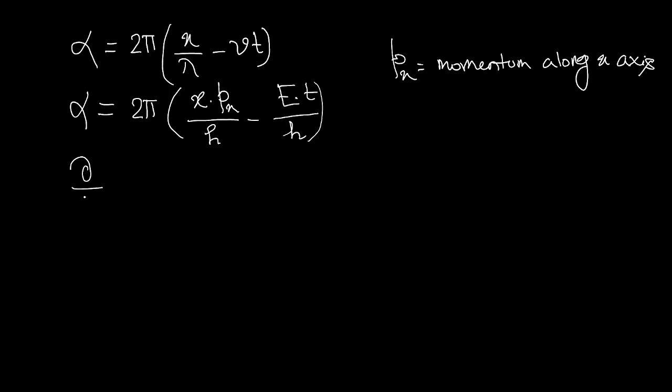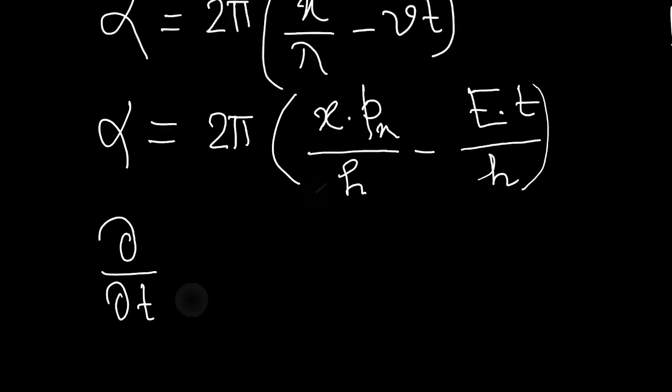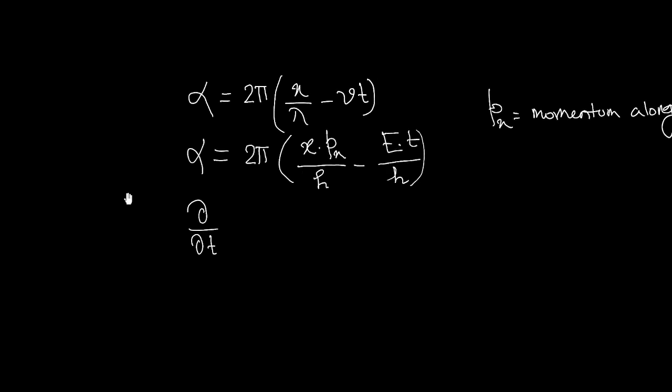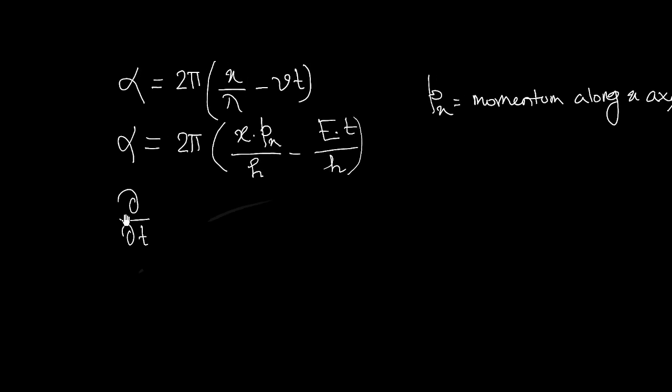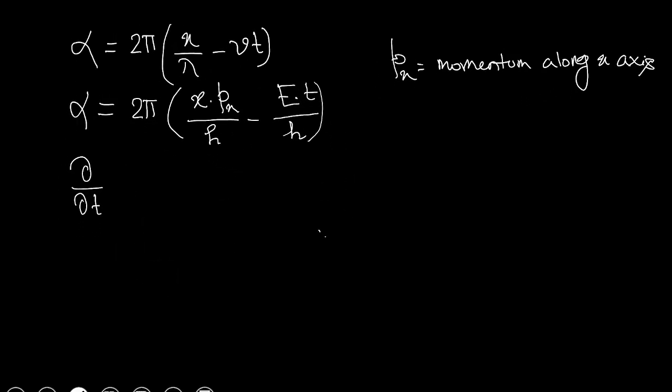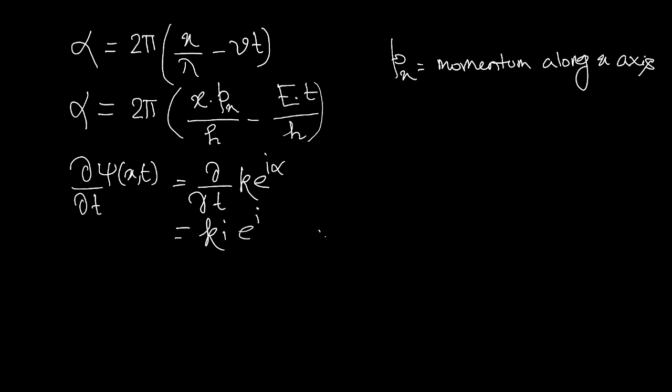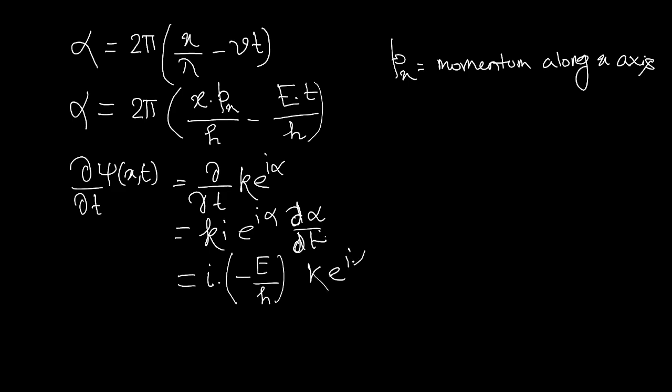Now if we incorporate this and take the derivative with respect to time, then i times d alpha by dt gives E by h, and we are left with i alpha.